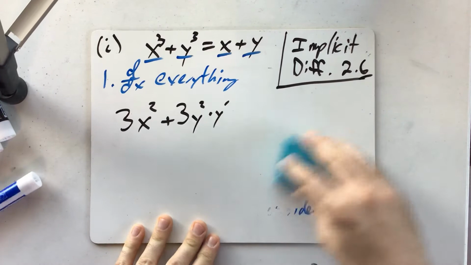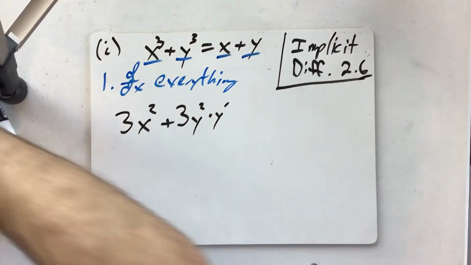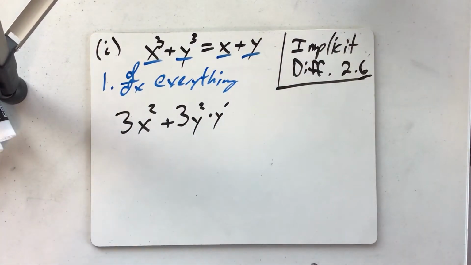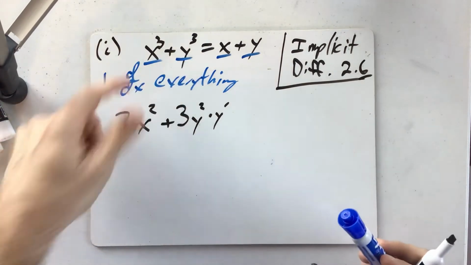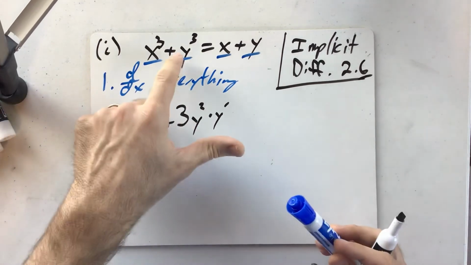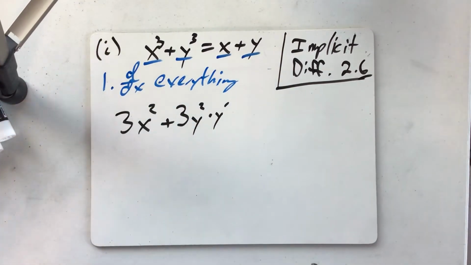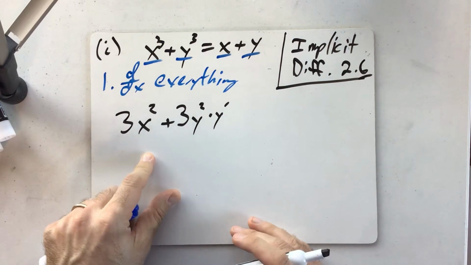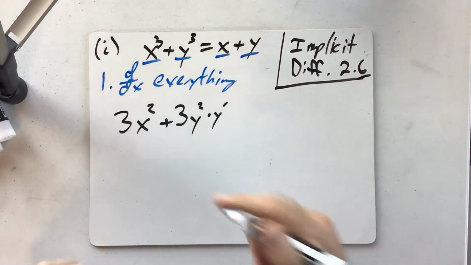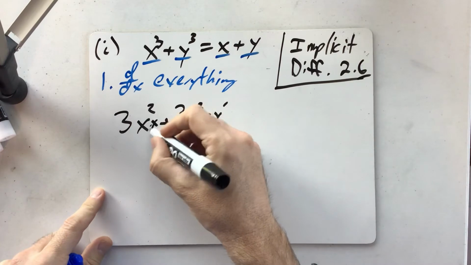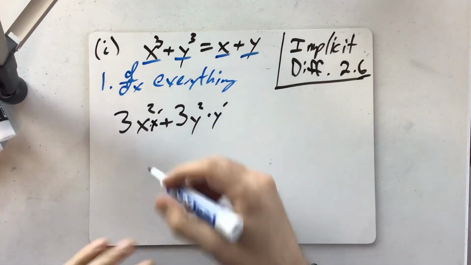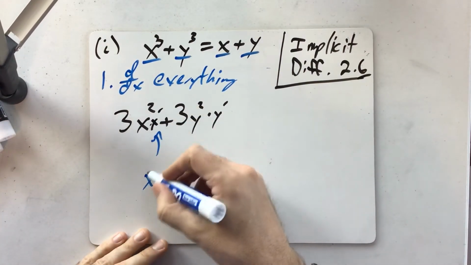I would really like it if you saw this as just a special case of the chain rule. But if you don't, you can just take the derivatives like normal, and every time I take a derivative of y, a y prime pops into the problem because of the chain rule. At this point, students often ask, why don't we get an x prime in the problem? Well, you actually could if you wanted. But what is x prime?